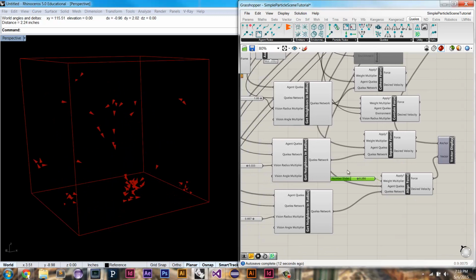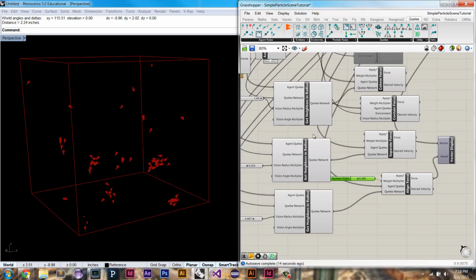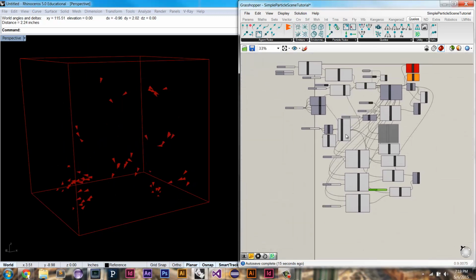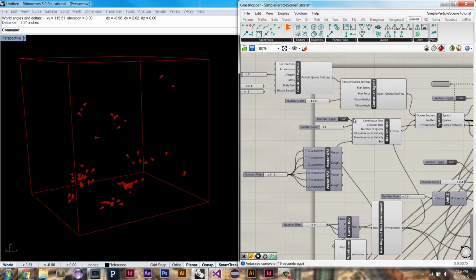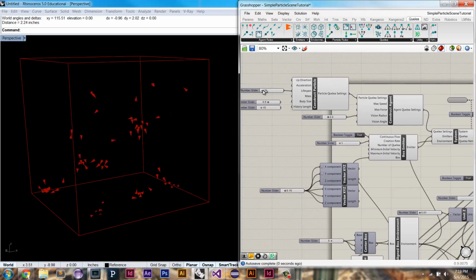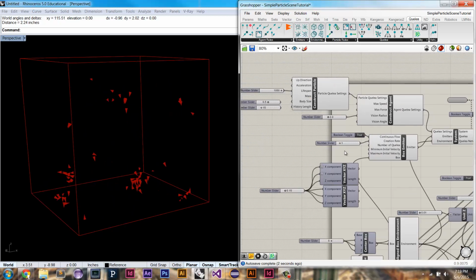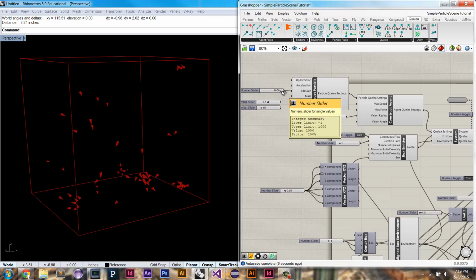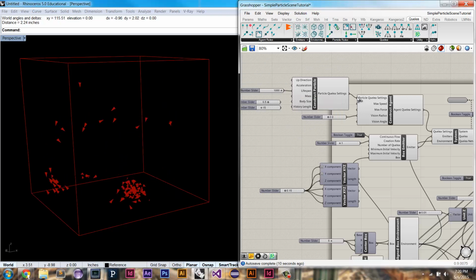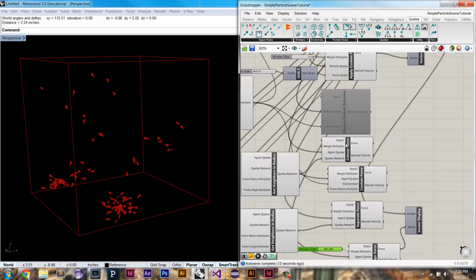So now that we have this, let's crank it up to see if we can break down the system by overloading it with too many. Alright, so as we increase the number of agents in the scene, let's see how many we got.